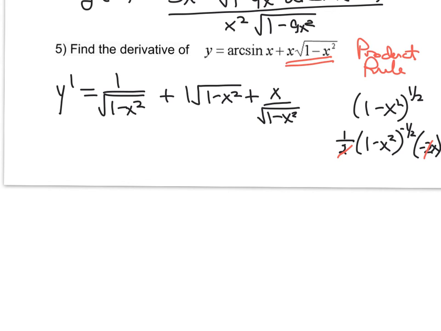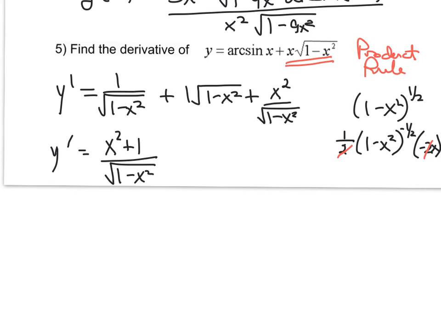And then that has to be multiplied by the first term, which is the other x. So that's going to be an x squared incorporated into that numerator. So let's see here. It looks like I do have some common denominators. So let's go ahead and add those two terms together.